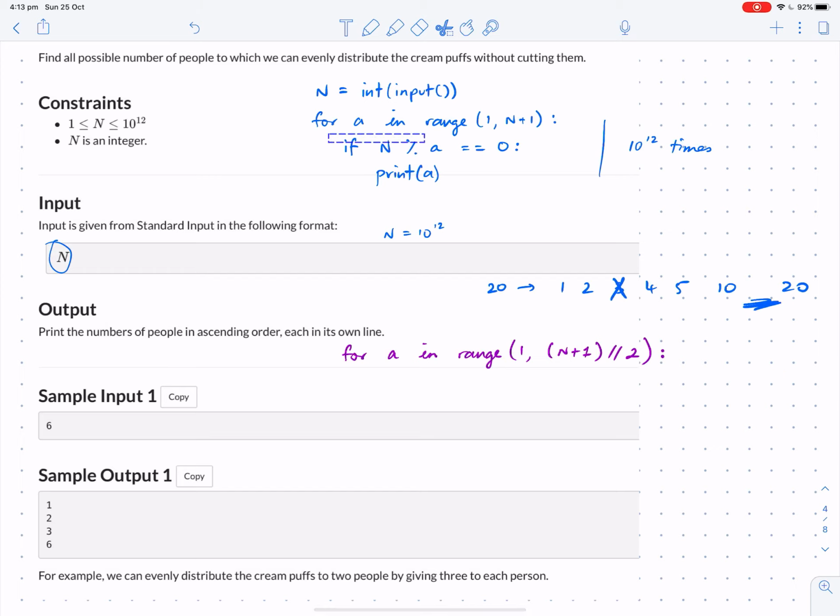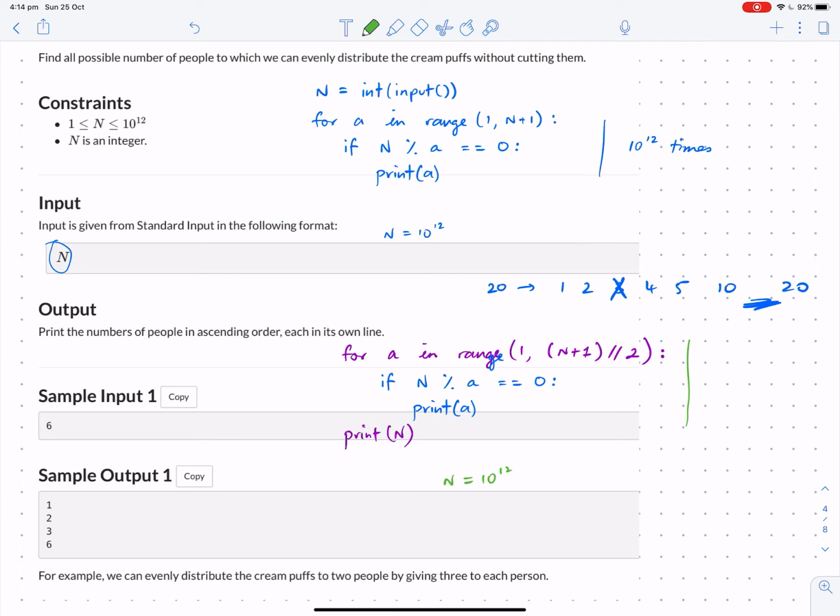Now, halving the work sounds great. If you have a job to do yourself and you can find a way to halve the work, then you'll feel pretty good about that. But what about a computer? So once again, let's say n is 10 to the 12, then how much work are we doing in this loop? We're doing half of 10 to the 12.